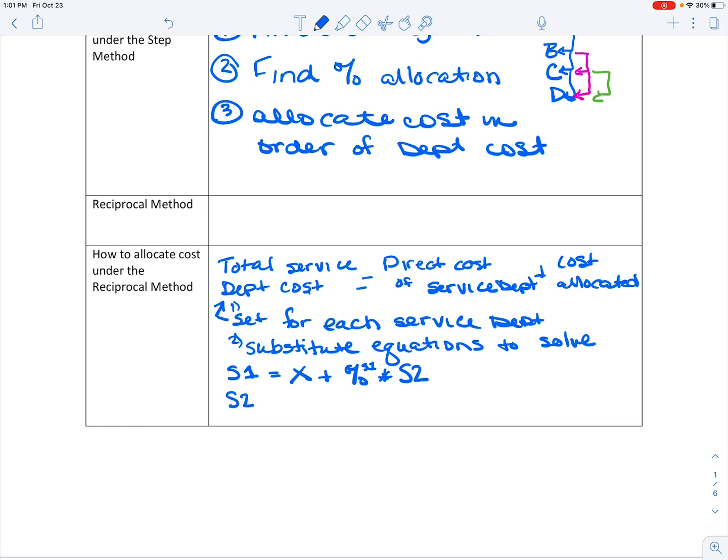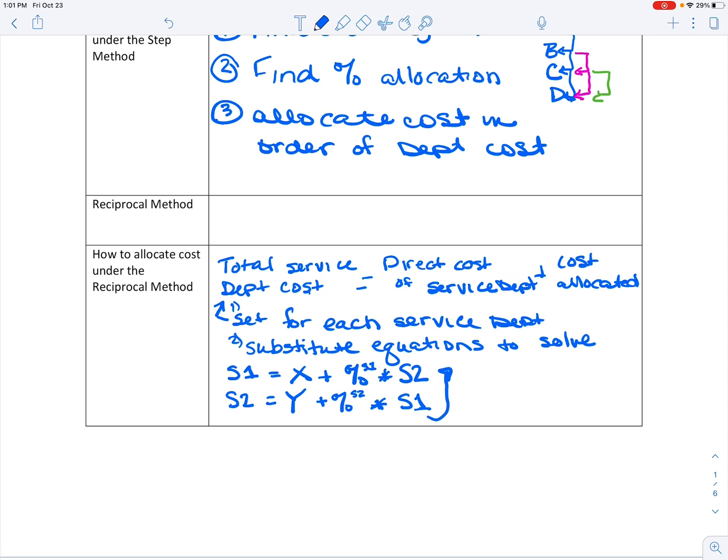Then we have our service department 2, which is the direct cost coming from that service department, plus whatever percentage, usually this is given or you can figure it out easily, times service department 1. So now I have these two equations.